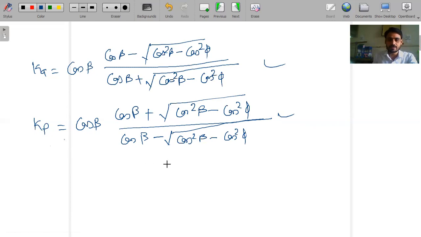And these can be derived with the help of Rankine theory. Okay, what we have already studied in geotech engineering or foundation engineering, right? So after calculating the coefficient of earth pressure, we can easily calculate the value of earth pressure on retaining wall. It may be active earth pressure and it may be passive earth pressure.